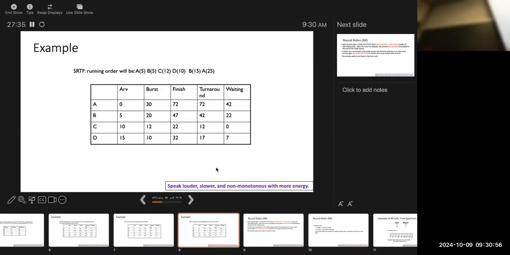Let me think of a meaningful case. Okay, let me take arrival times 0, 10, 20, 30. And burst time, I'm keeping it, let's say, 40 for each one of them.